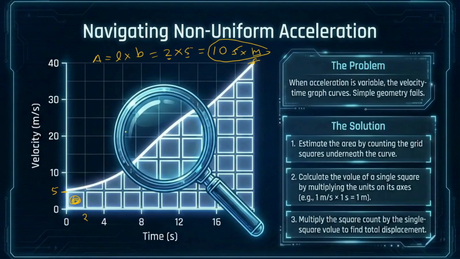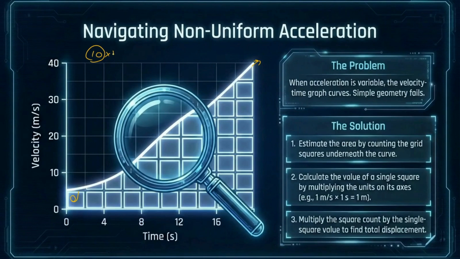So in order to find the displacement of this object, or any object, you just have to multiply the value of one box by how many boxes are under this curve.